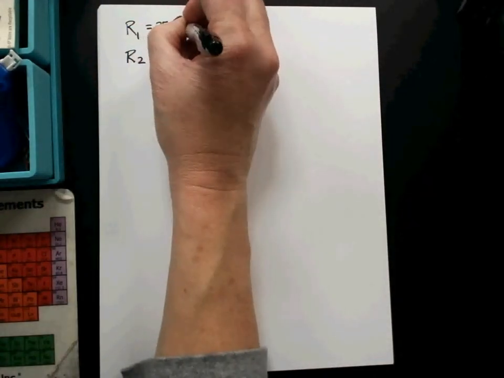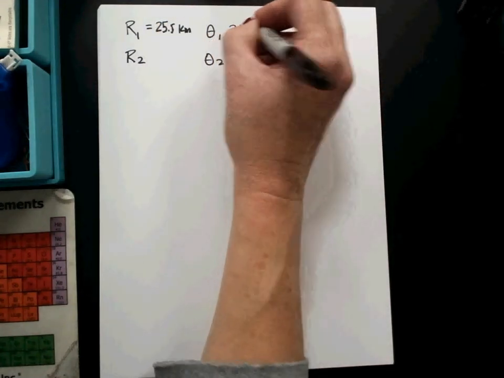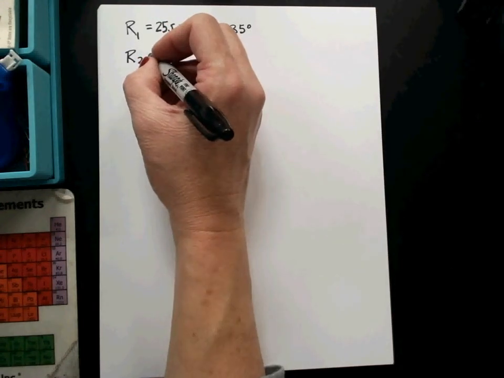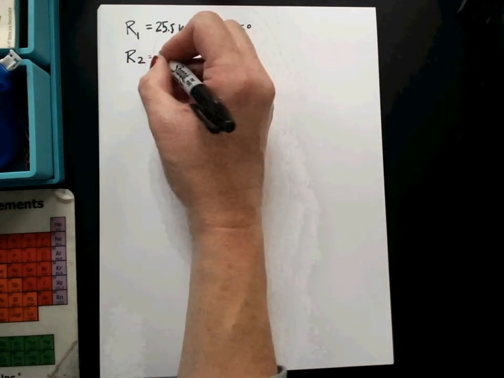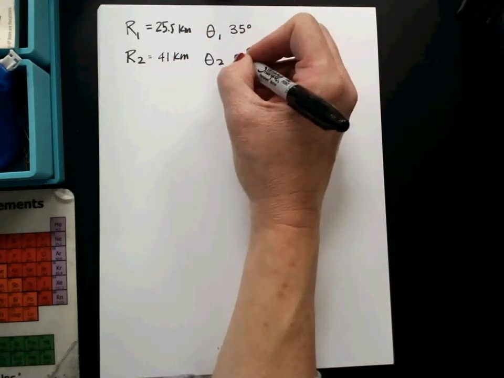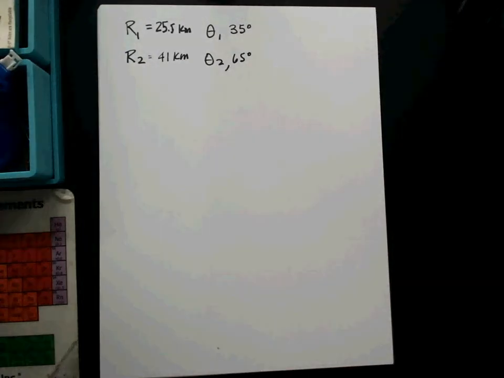My R1 would be 25.5 kilometers, and my first angle was 35 degrees. My R2 was 41 kilometers, and 65 degrees north of east.